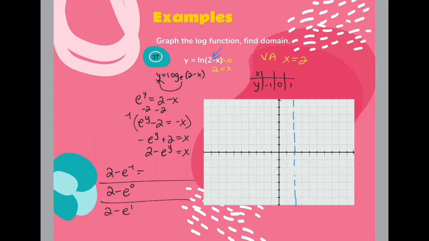That e to the -1 was 0.4 again, so 2 minus 0.4 is 1.6. E to the 0 is 1, so that's 1. And e to the first is 2.7, so -0.7.